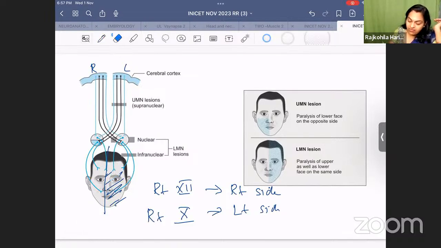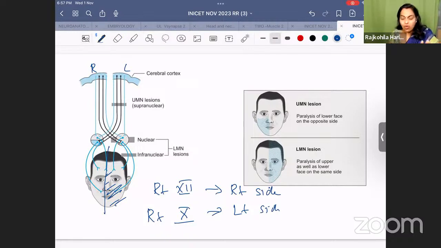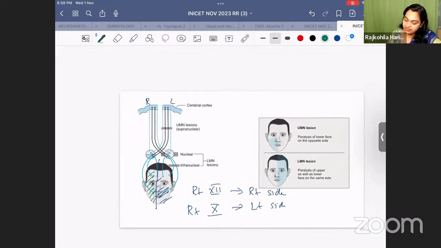The upper face is spared. Why? The upper part of the face is going to receive fibers from both the cortex, bicortical innervation. In right lower motor neuron palsy, what is happening? Normally, lower motor neuron is going to be ipsilateral and it involves the entire face, including the upper face. So, upper motor neuron, contralateral lower face. Lower motor neuron, ipsilateral, upper and lower face. Right?